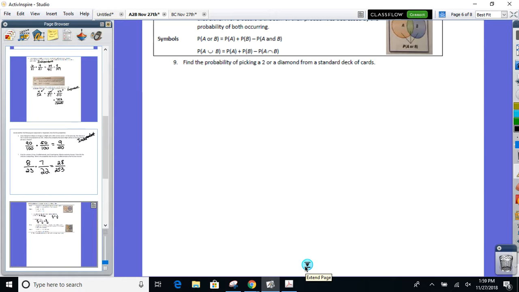How many 2s in the deck? 4 out of 52. What's the probability you picked a diamond? 13 out of 52. Hate to break it to you, you counted a card twice. What card did I count twice in both cases? The 2 of diamonds. I counted the 2 of diamonds here because it was a 2, and I counted the 2 of diamonds here because it was a diamond.